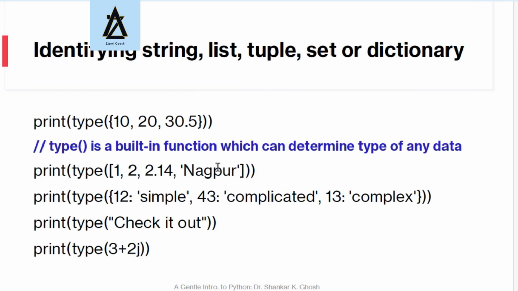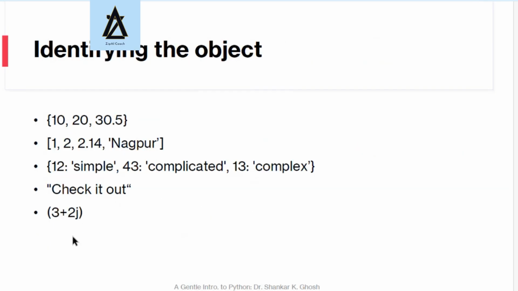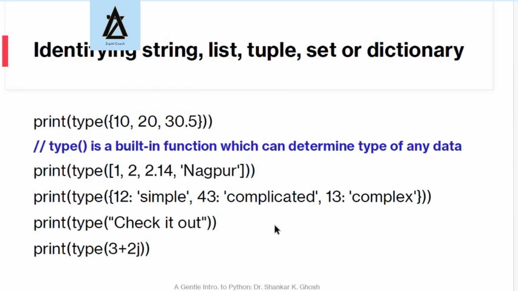Now, Python has a type function also. What is the goal of the type function? It tells you what kind of data type you are handling. For example, here I have listed 4 or 5 objects. One is a complex number, one is a string, another one is a list. The type function determines the type of the data.